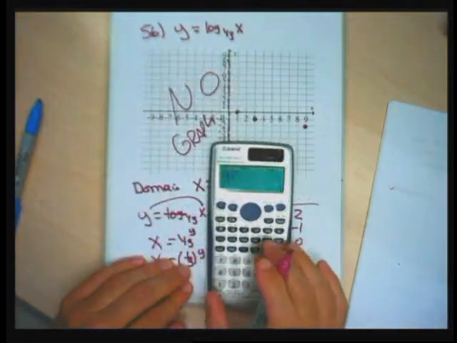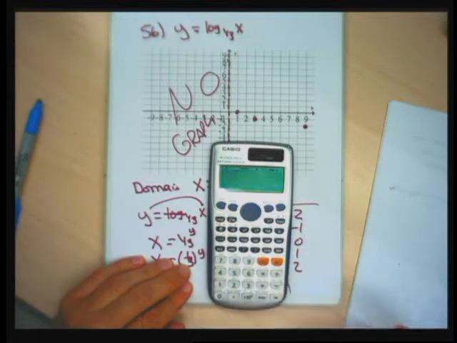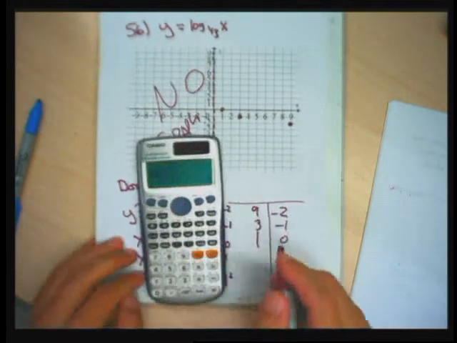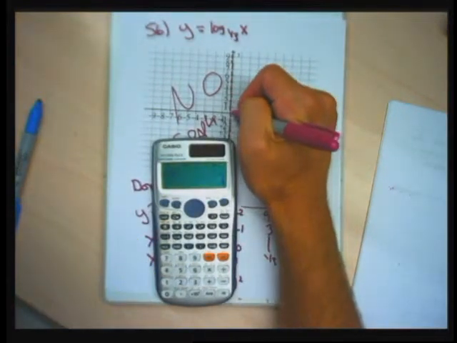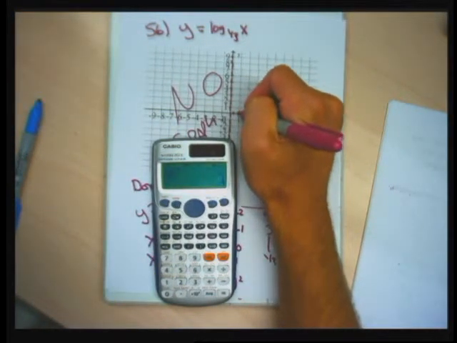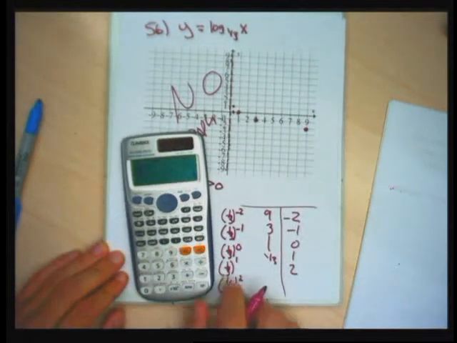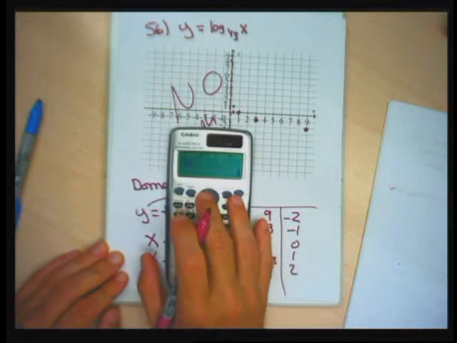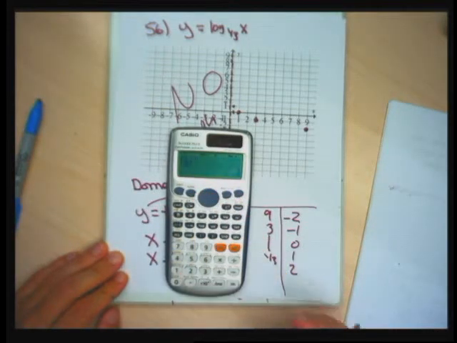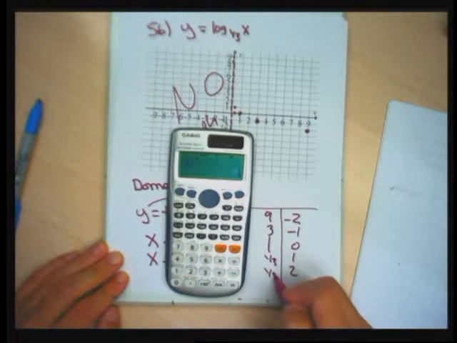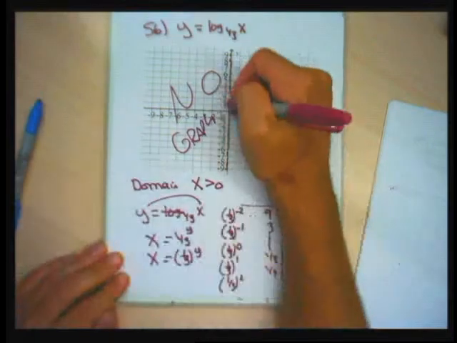Anything to the first power is itself, so when I do 1/3 to the first power, I get 1/3. 1/3, positive 1. 1/3 is a little bit less than half the way between 0 and 1, and then up 1. And then the last one, 1/3 squared. Back up, change the 1 to a 2. I get 1/9. And then 1/9, again, it's just off that dashed line and up 2.